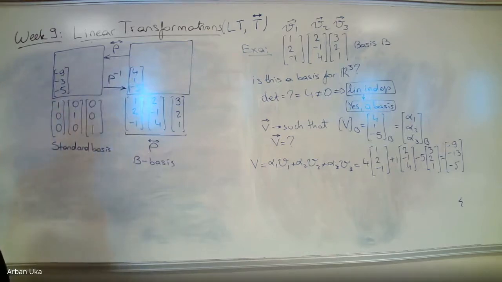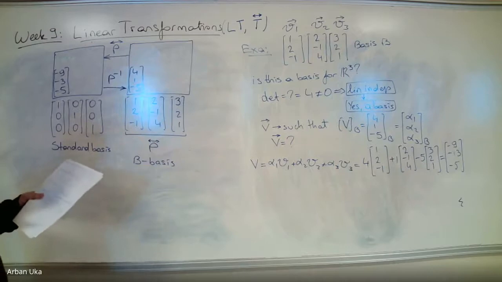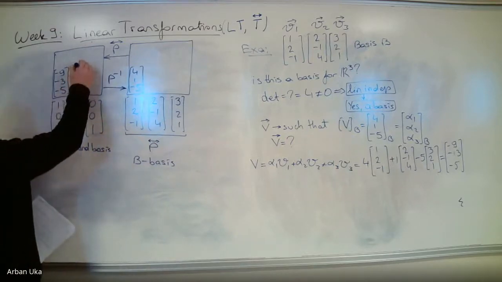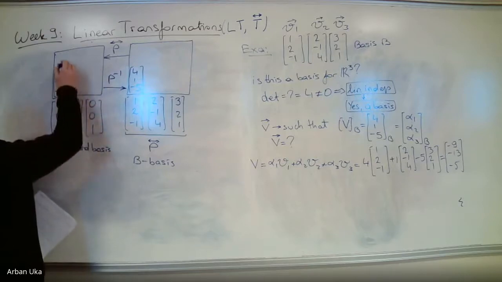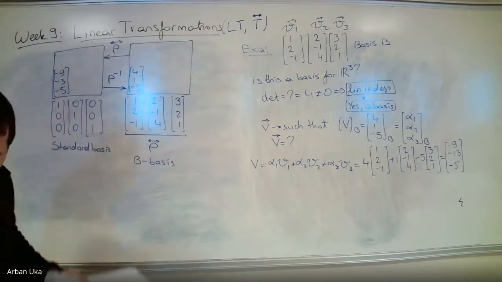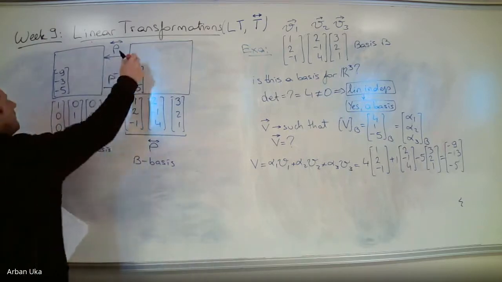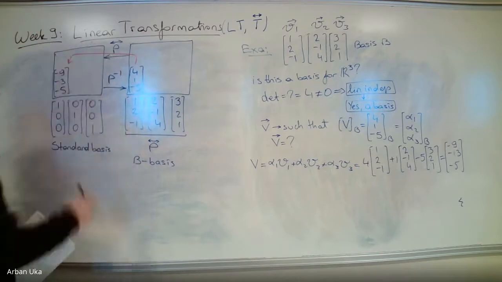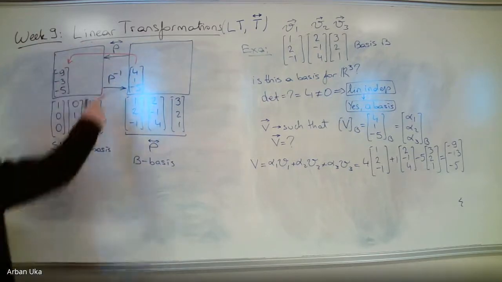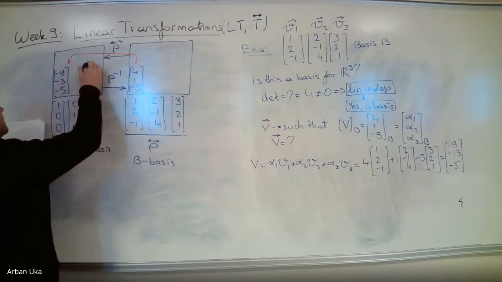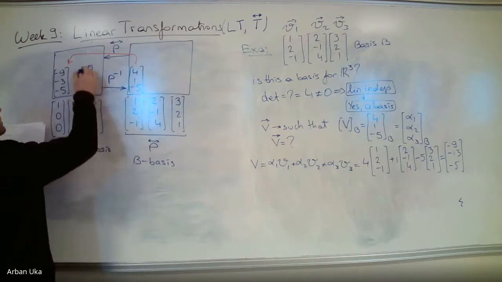So, given this, let's ask another question. Let's give a vector which is 5, 7, minus 3. Okay? Now, we did it by moving this way with matrix P. What if we give a vector as 5, 7, minus 3?